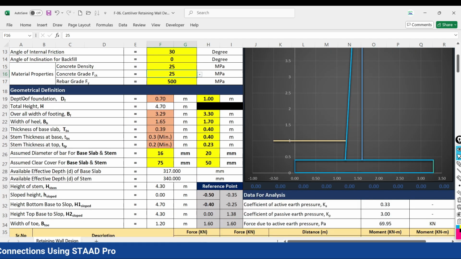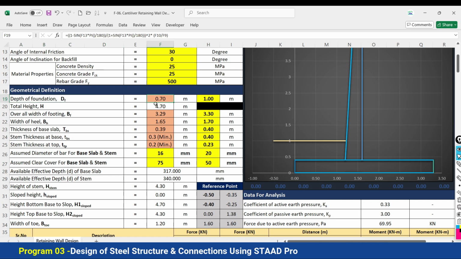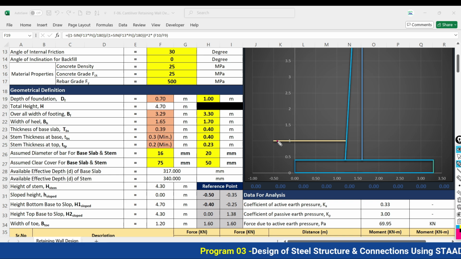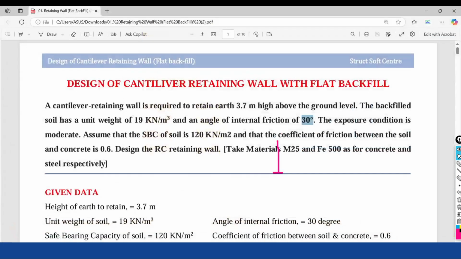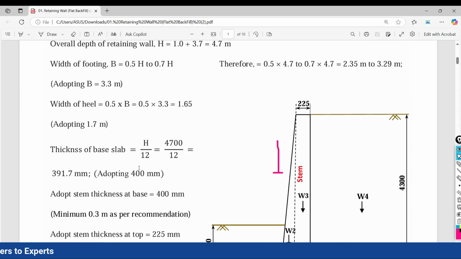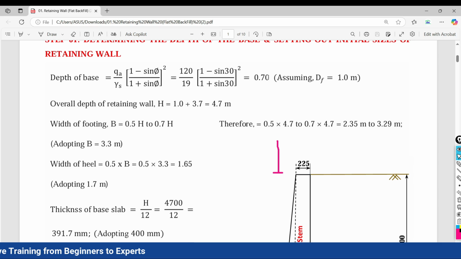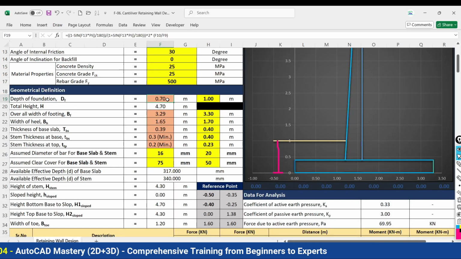Thereafter, depth of the foundation as required. It suggests the depth from this level up to the foundation. It is given as 0.7 meter required. In the manual calculation also the same demand was there as 0.7, and the sheet is also recommending the same thing, 0.7.